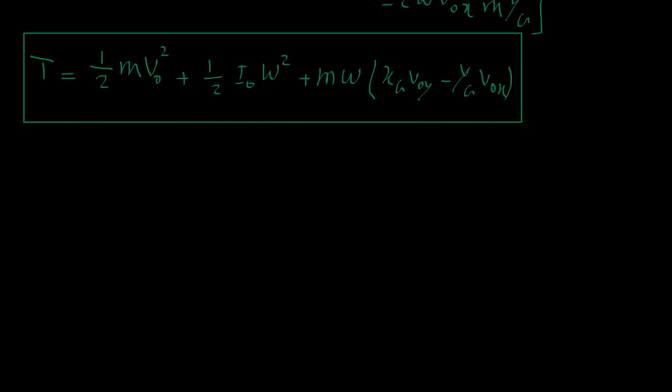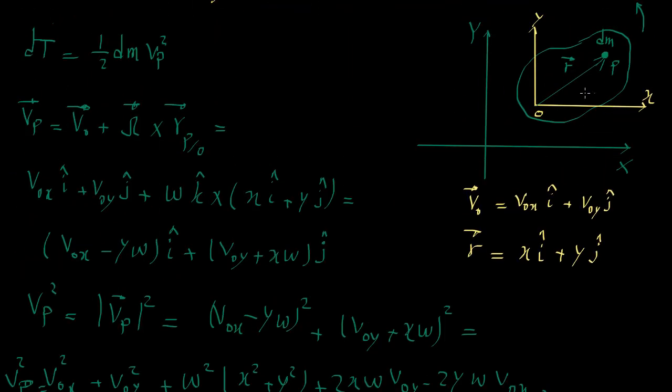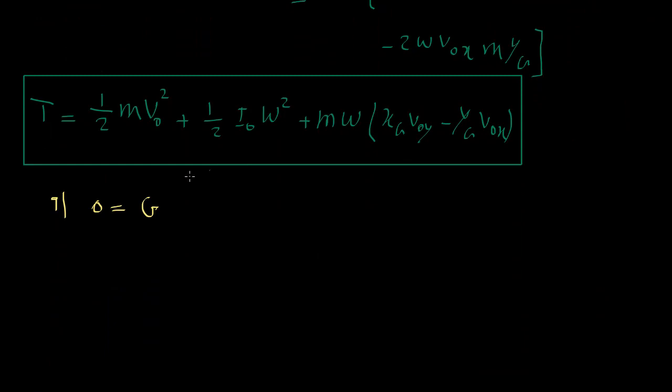So the first special case is when O is equal to G. The point that we consider O here, if that point is actually just the center of mass for the rigid body, then x of G is equal to y of G is equal to 0.